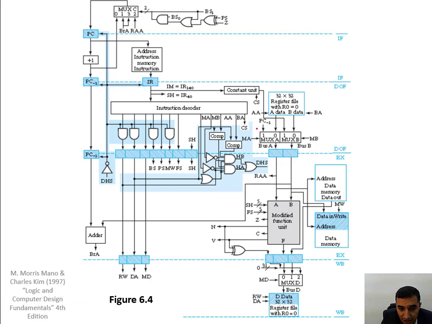Okay, the destination address and AA, which is this one, are equal. You see here, this is DA going here, and going here, and going here.